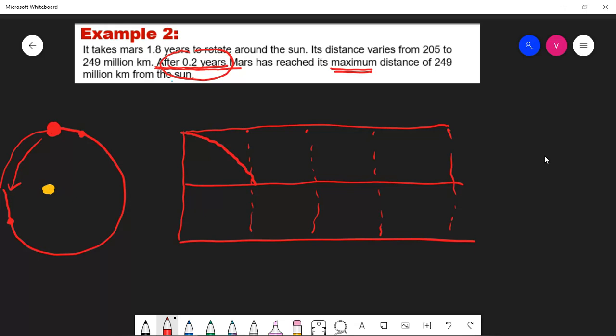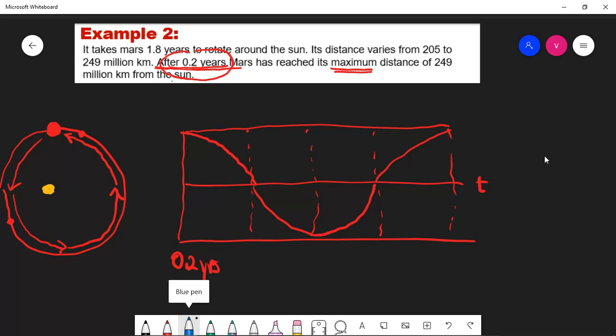That was the first part of its rotation. And then it's going to move to the minimum, and then from the minimum to the middle. Over time, right? This is time here. And then from the minimum back up to its original spot where you started looking after 0.2 years.